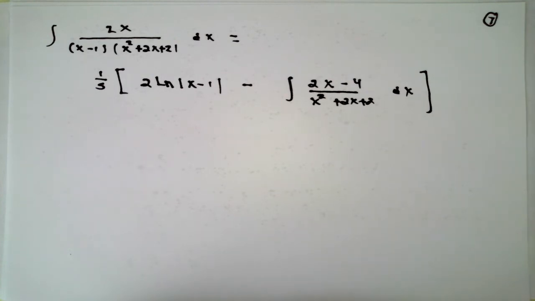If you look at the denominator, it's quadratic, it's irreducible quadratic. The numerator is linear, so that's very promising looking. If you look at the derivative of the bottom, it's x squared plus 2x plus 2. The derivative of that is 2x plus 2.